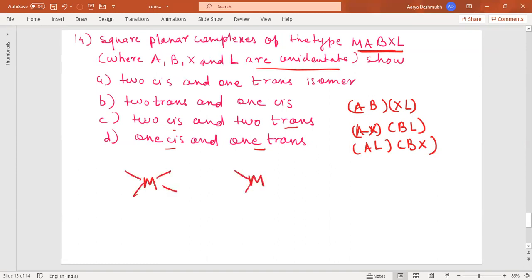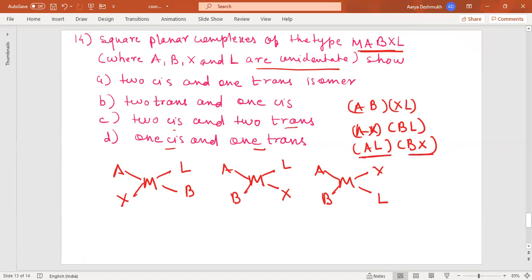The first, second, and the third one. So for this, A, L, X, and B. Next you can draw A, L, B, and X. And the third, A, X, B, and L. While drawing the structure, remember these are the pairs of ligands which are diagonally opposite to each other.